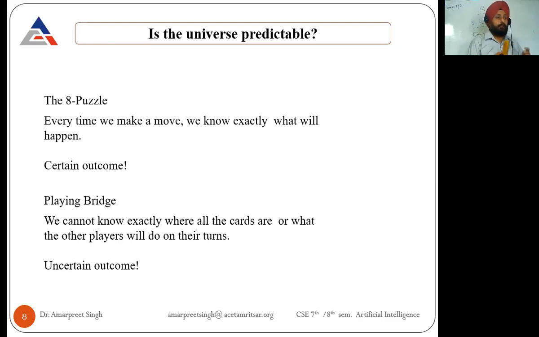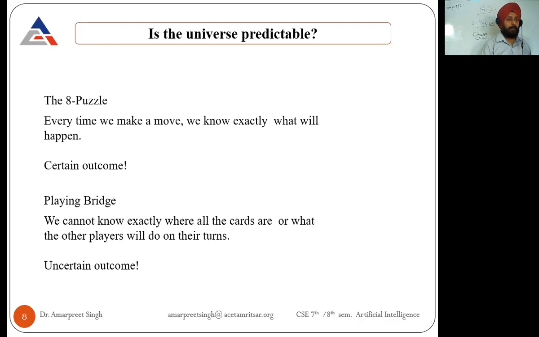If you are not certain whether the outcome will come or not, there is an uncertainty, then the universe is not predictable, because in the second case, you do not know about the environment of the problem.